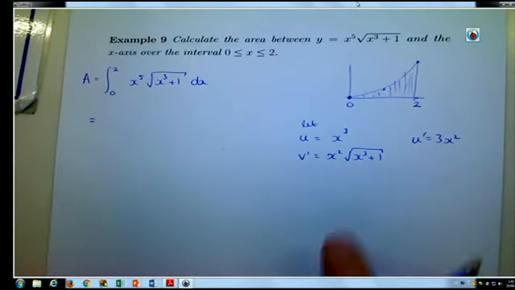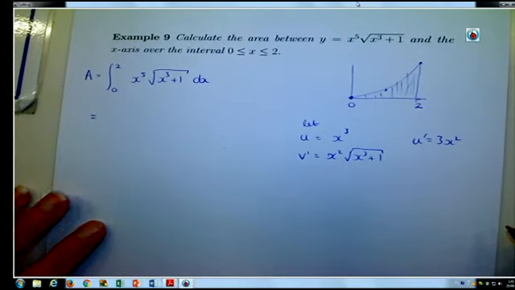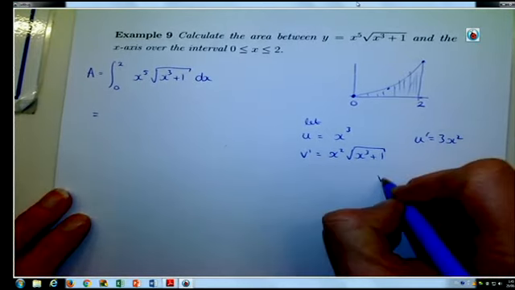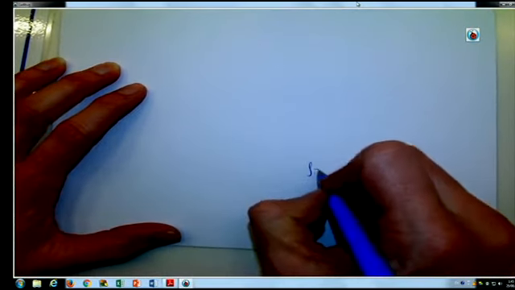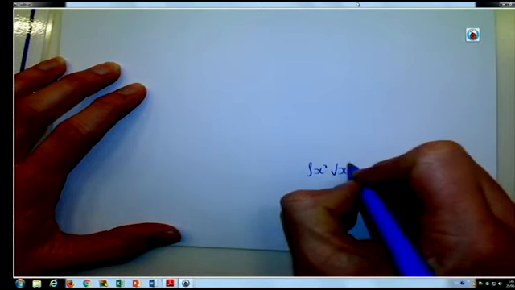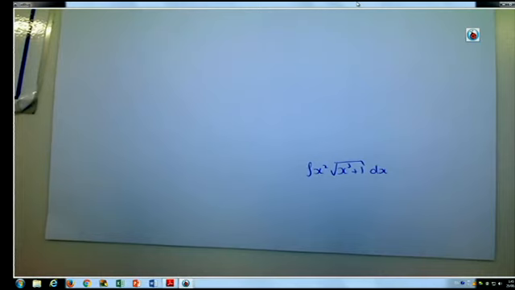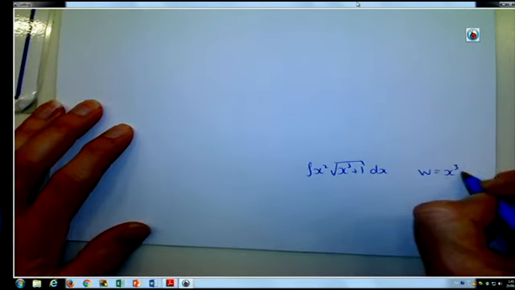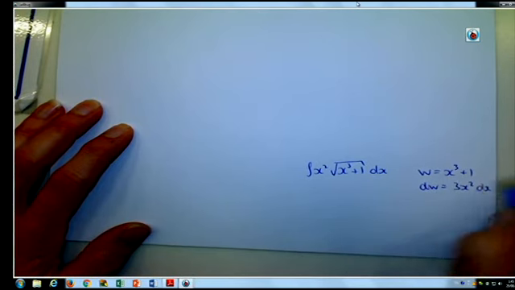All right, we need to integrate this one. I'm going to do it down here. I'm going to do a U substitution, but I'm going to call it W. W equals x cubed. dW equals 3x squared dx.